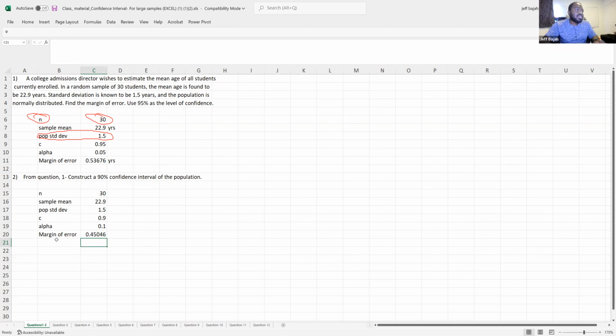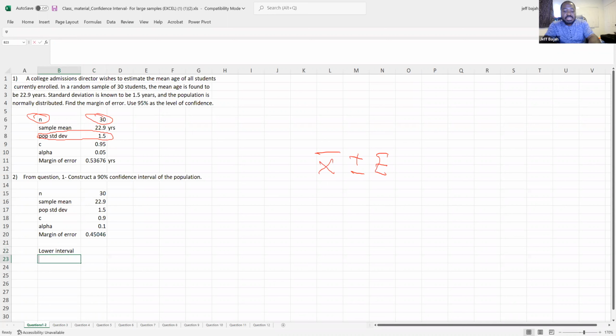Now that we found our margin of error, remember, to be able to find the confidence interval, it's supposed to be your sample mean plus or minus a margin of error. And so we're going to look at what is our lower interval or endpoint.